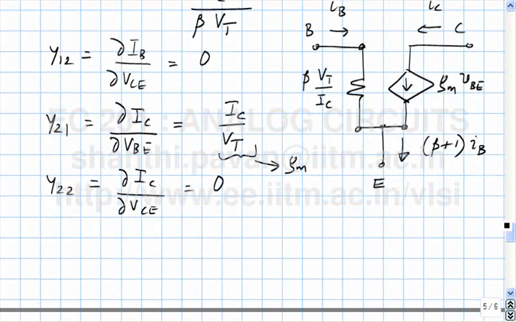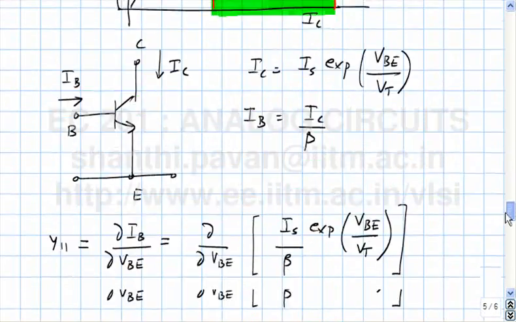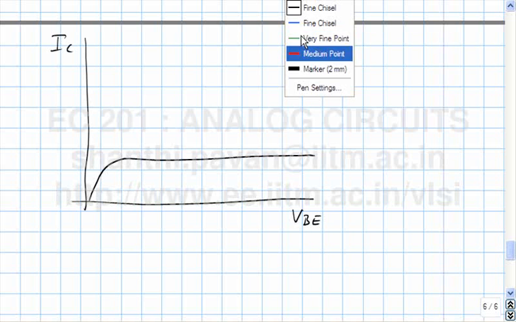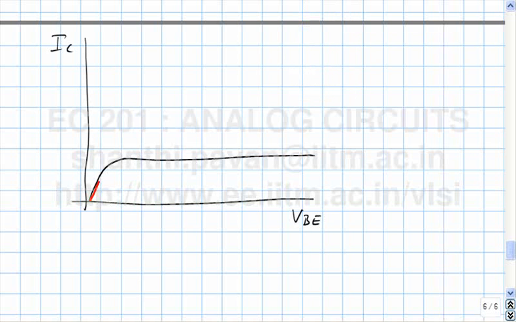In practice, just like we saw in the MOS transistor case, the characteristics in saturation for an ideal transistor we saw were parallel to the x-axis. So this is IC versus VBE, and in practice it turns out that the characteristics will have a finite slope.